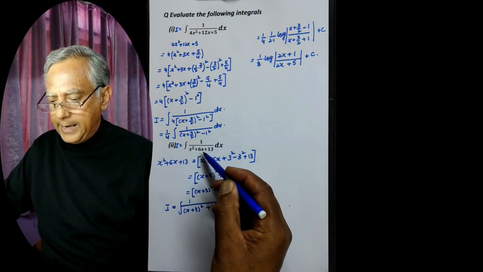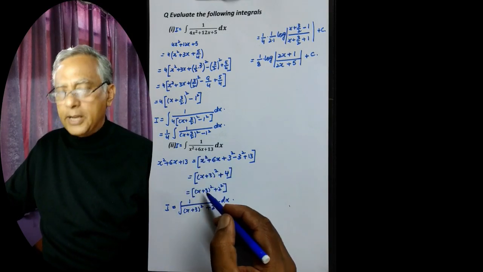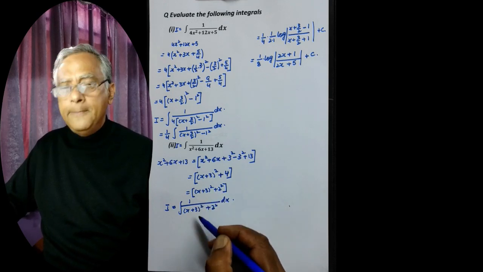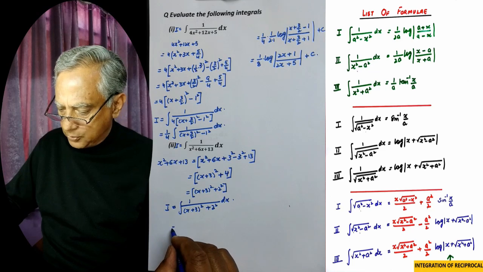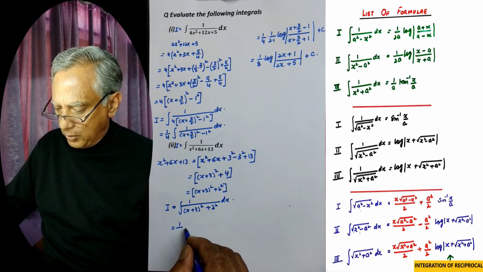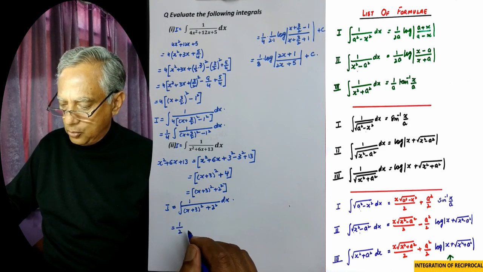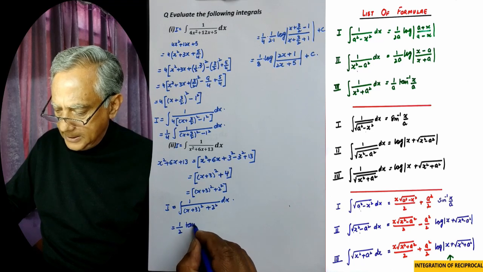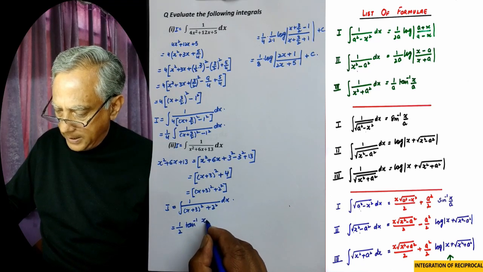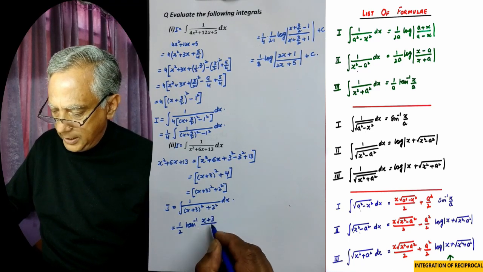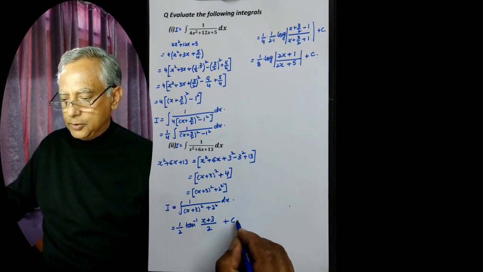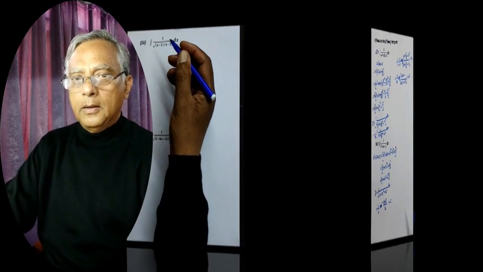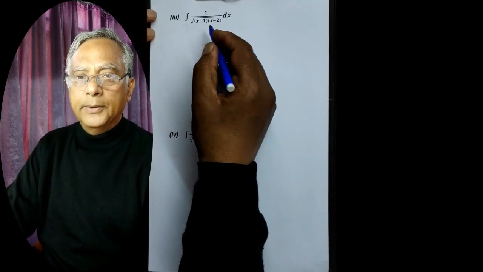Express this quadratic as sum or difference of two squares and use appropriate formula. So appropriate formula in this case will be 1 by a, 1 by a is 1 by 2, tan inverse x by a. So x plus 3 by a plus c. So this will be the answer. Now next question is this.